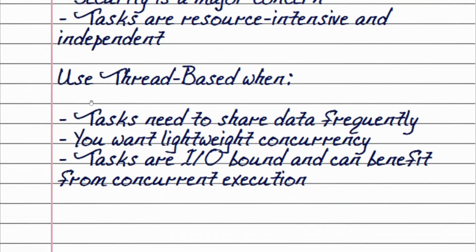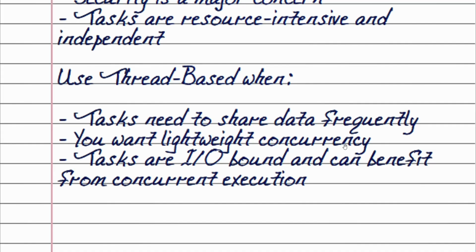Now let's see when we use thread-based multitasking. When tasks need to share data frequently. Suppose we have to share data frequently, then we use thread-based multitasking. You want lightweight concurrency, where concurrency means we have to do multitasking, that is, execute two or more programs simultaneously.